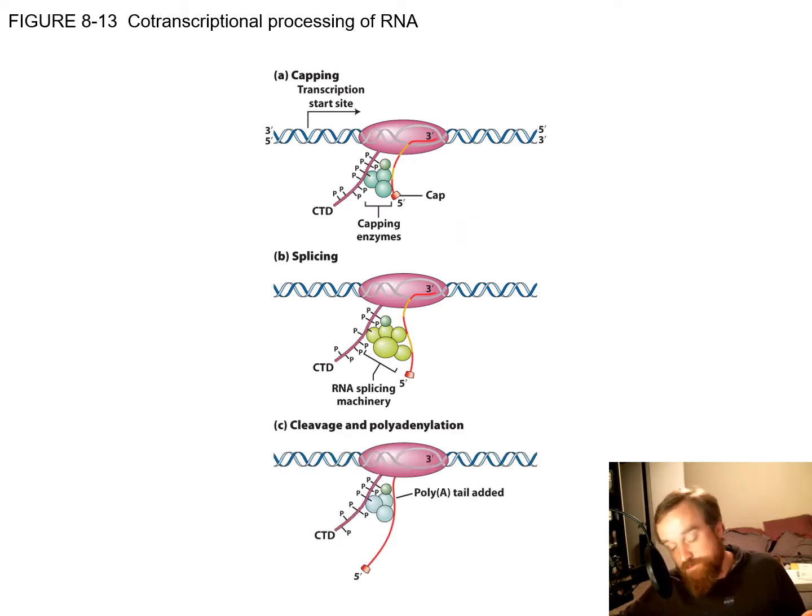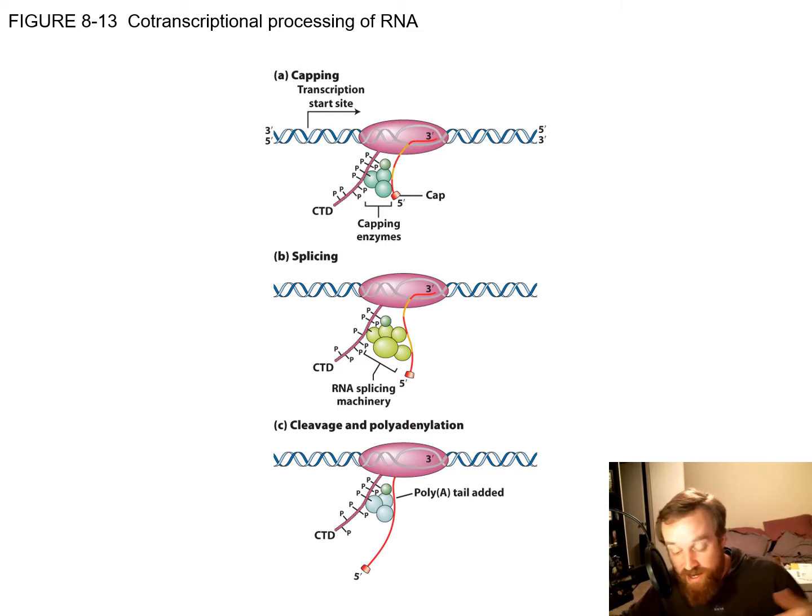Lastly, these enzymes come in whose role it is to terminate the growing mRNA chain. What they do is add a poly A tail to the end of this mRNA chain. A poly A tail is just what it sounds like: poly, meaning multiple of something, and A for adenine, the nucleotide. So it adds a whole bunch of adenines to the end of this mRNA chain.